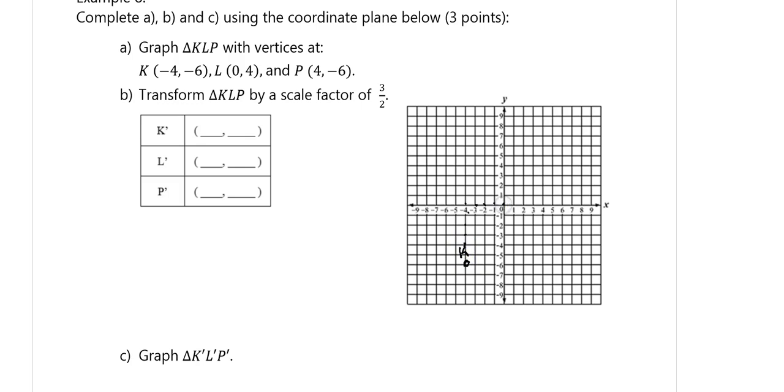So I don't move left or right. I move up 4. Remember, left or right first. And P is over 4, down 6. And again, I'm graphing a triangle, not just 3 points. So make sure that you do graph that, connect those points.